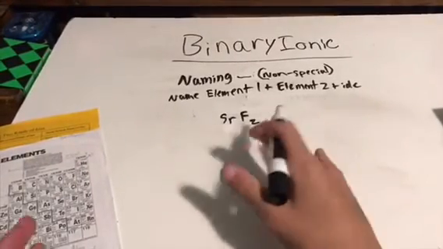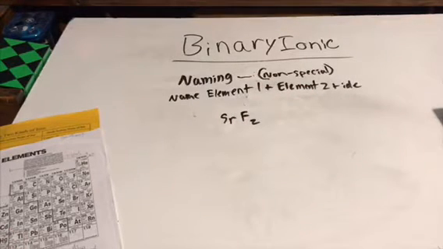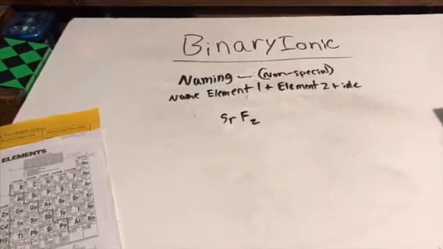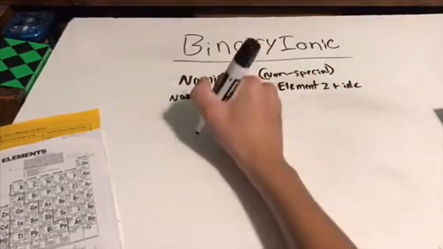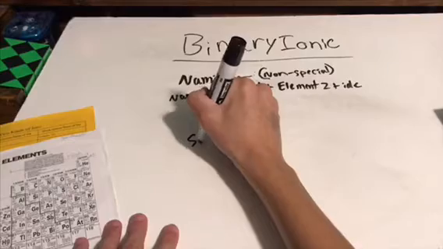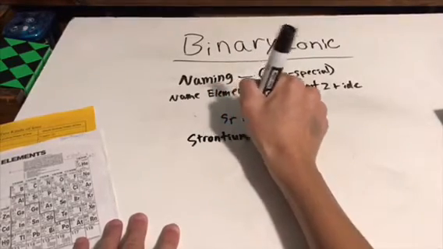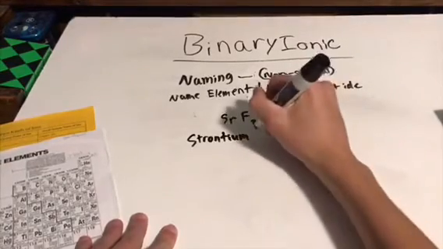Strontium and fluorine from our how to write the formula section. Now for this, you just take the name of the first element, strontium, then you take the name of the second element, fluorine.